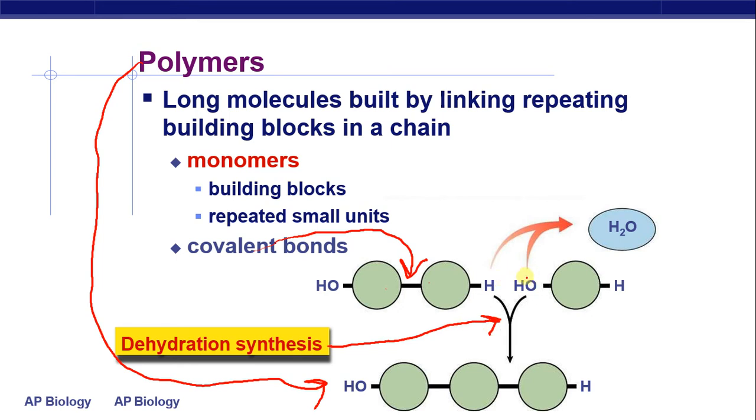We remove water between the two monomers, and in doing so, we create a covalent bond. Dehydration synthesis might be the most important chemical reaction and is definitely the most important anabolic reaction that takes place in your body.